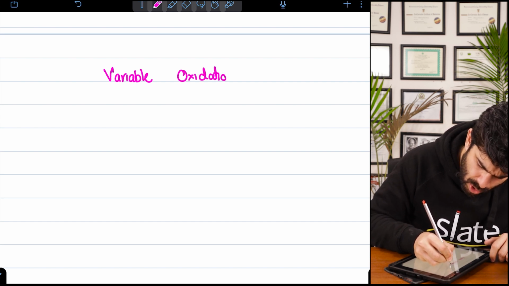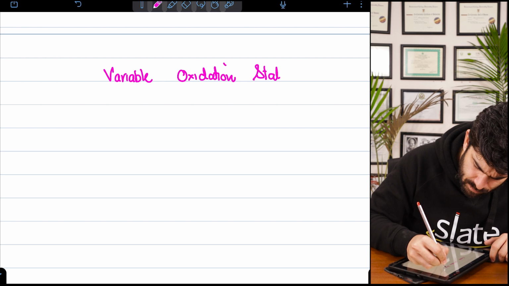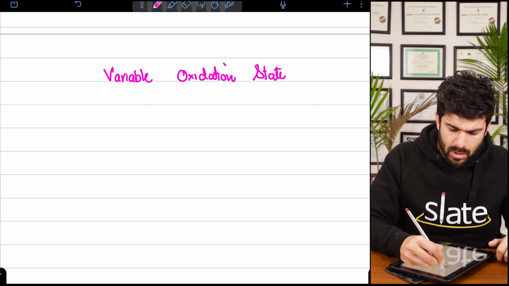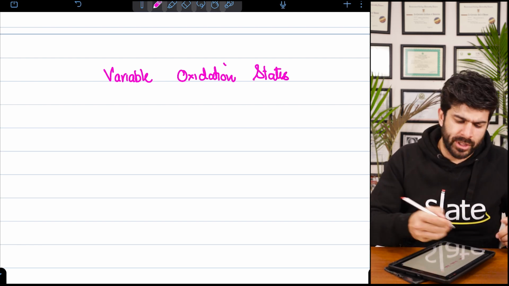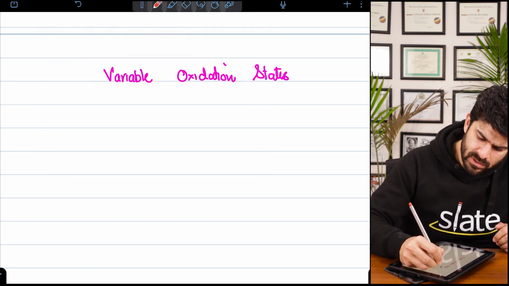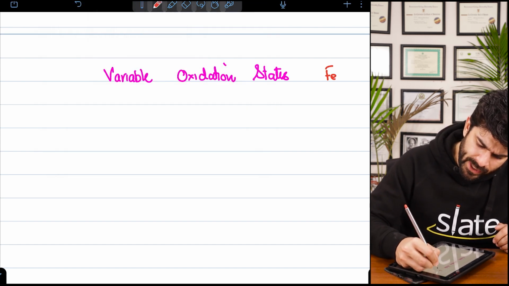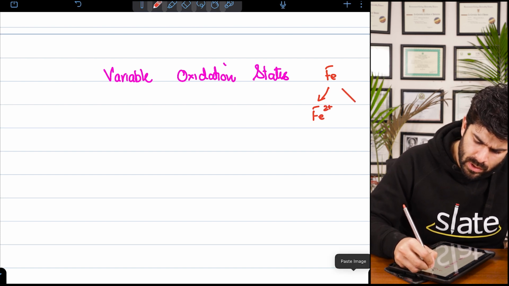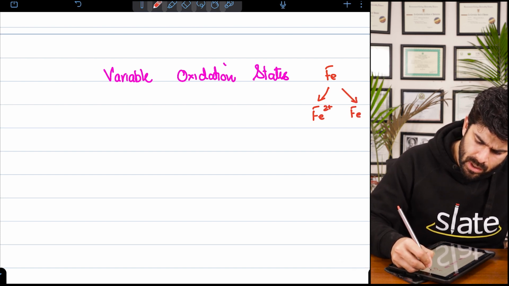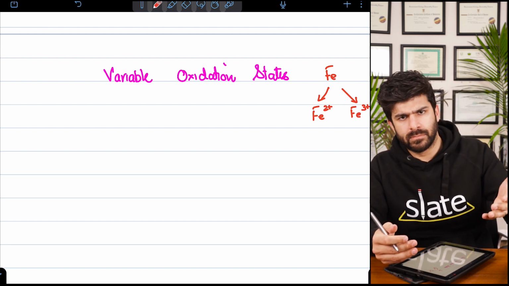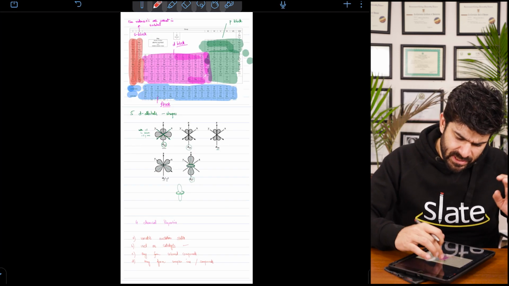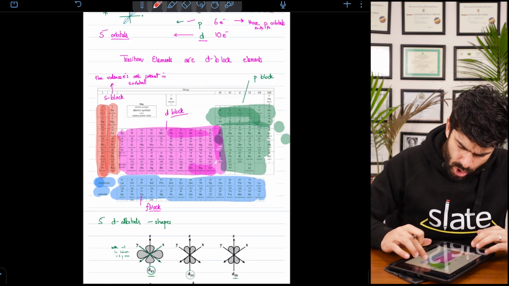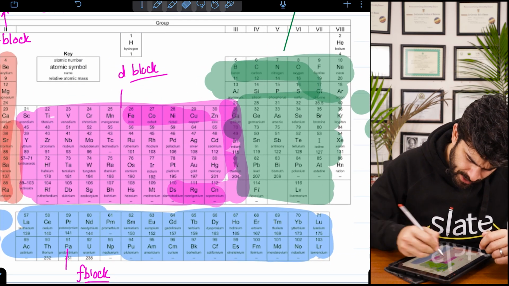Variable oxidation state, which means they can have multiple oxidation states. If you recall it from O levels, iron had iron +2 and iron +3. But let's simply discuss the first period.